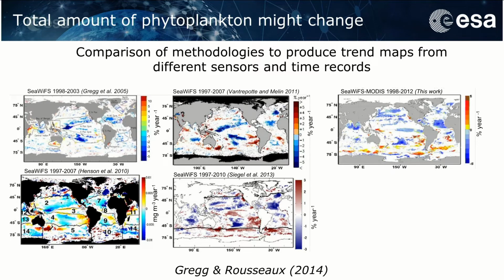So here's this from Gregg in 2005 over the 1998 to 2003 period. These two are the same periods here, 1997 to 2007, one by Henson, one by Vantrepotte and Mélin. More recently, a paper by David Siegel looking at the SeaWiFS trend in chlorophyll, and MODIS here, which was the work by Gregg et al.